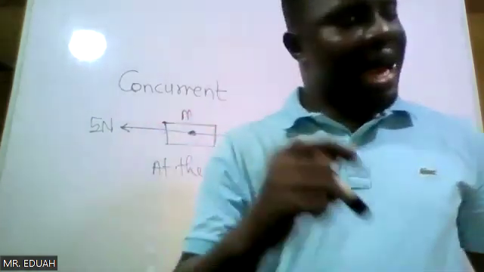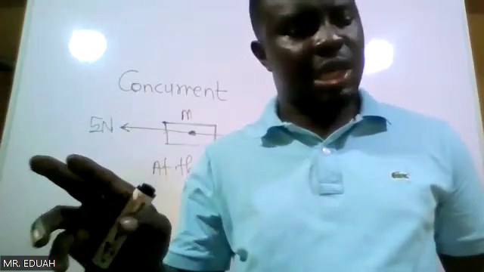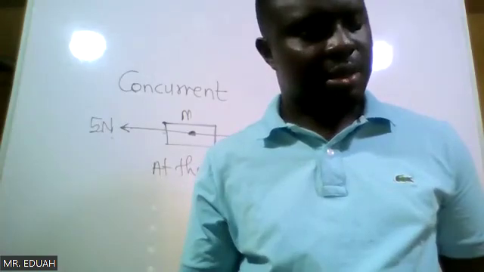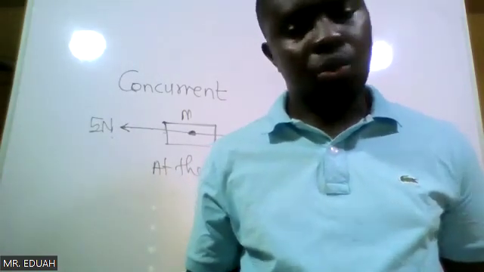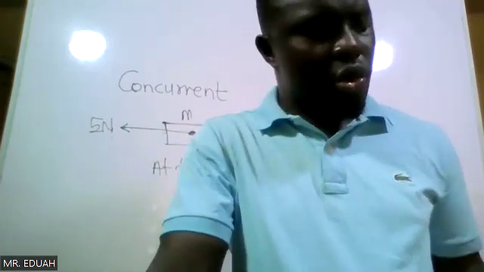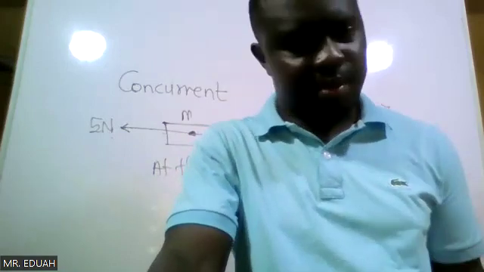Okay, so as the vector sum of all the forces acting on a moving body increases, the acceleration of the object, will it increase, decrease, both increase and decrease, or remain the same?